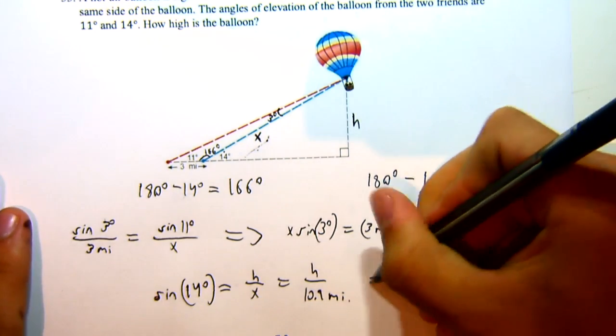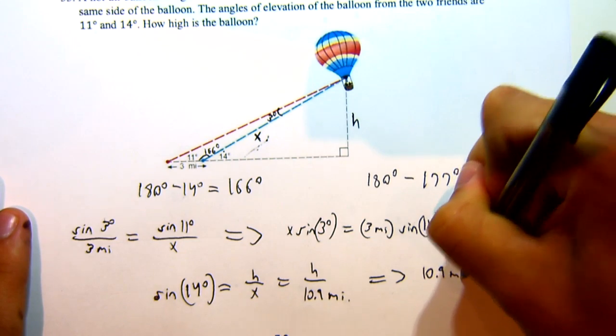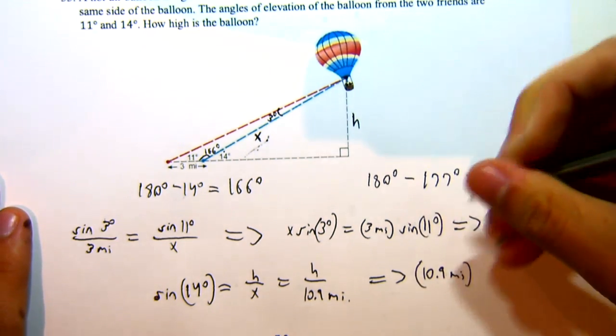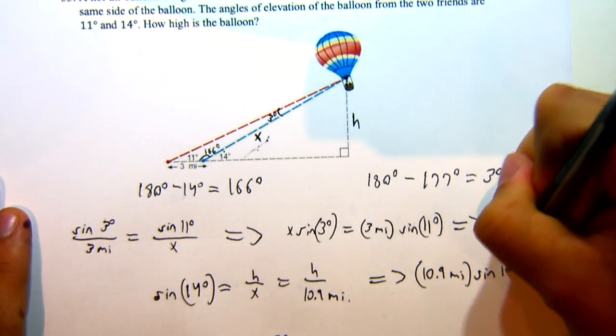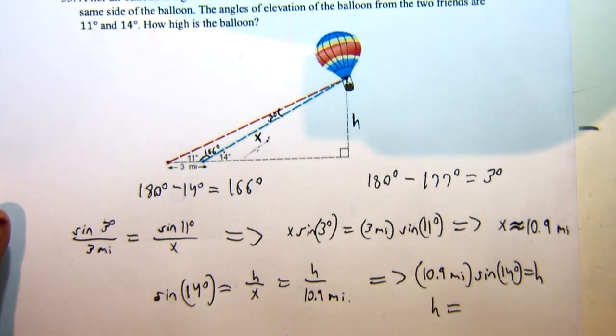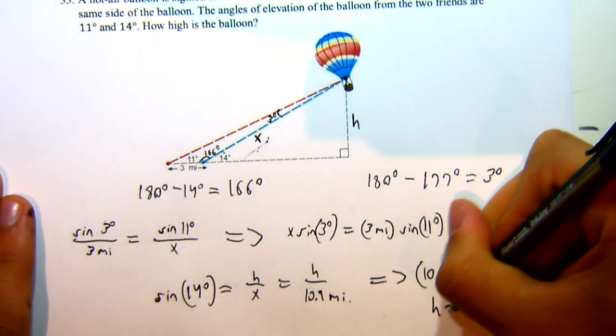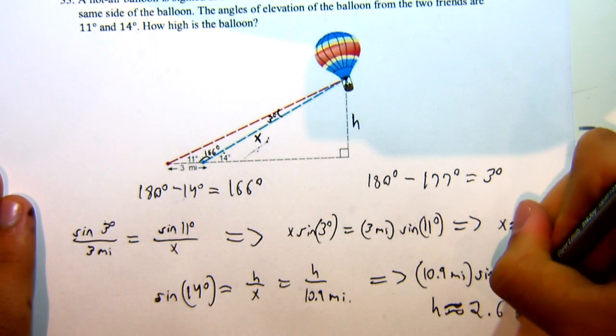So then we get 10.9 miles times sine of 14 degrees is equal to h, and h ends up being approximately 2.6 miles.